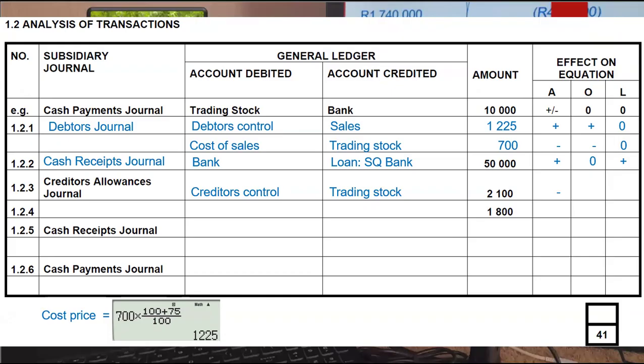It's not capital, income, drawings, or expenses. So we're going to have zero under owner's equity. And your liabilities here will decrease. When your creditors control is debited, it means your liabilities are decreasing. Liabilities decrease on the debit side.